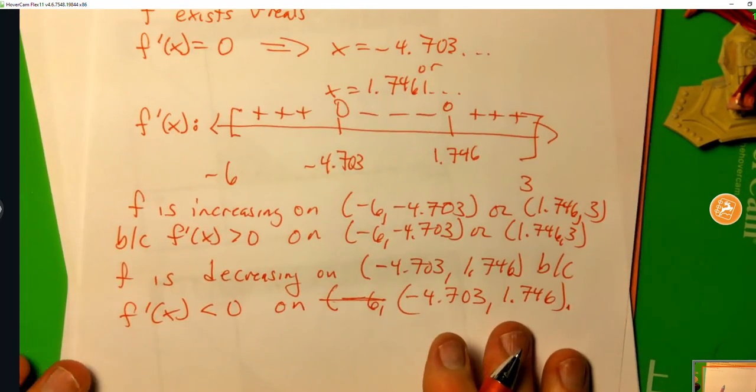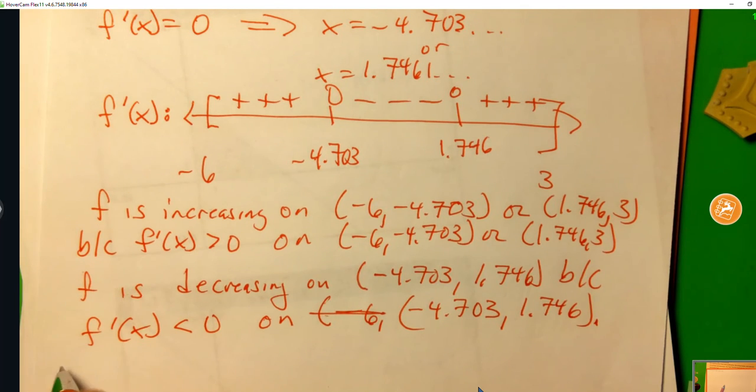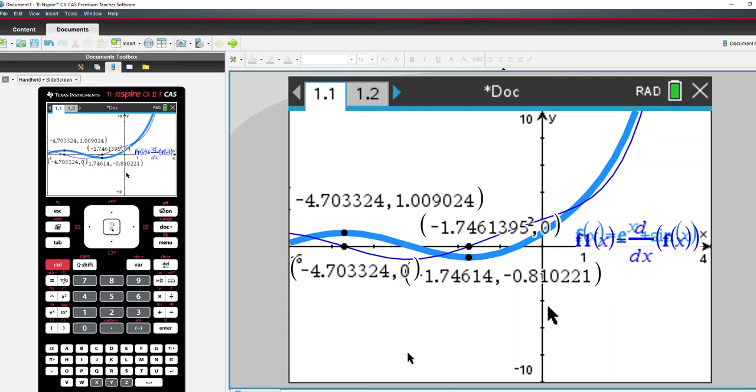Bam. All right, now look at this. We went from positive to negative. That's a local max. So f of negative 4.703 is, now I'm just going to go look at my calculator screen. We know that's a local maximum here of 1 and okay, is a local maximum.